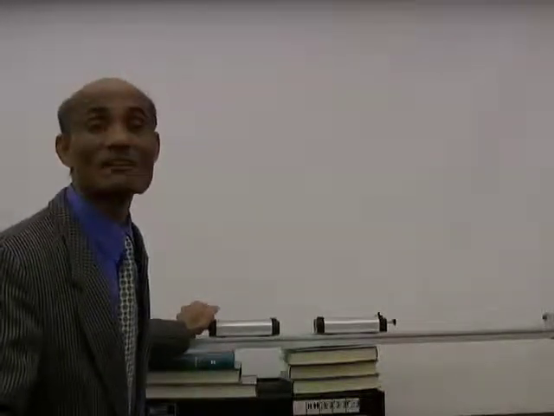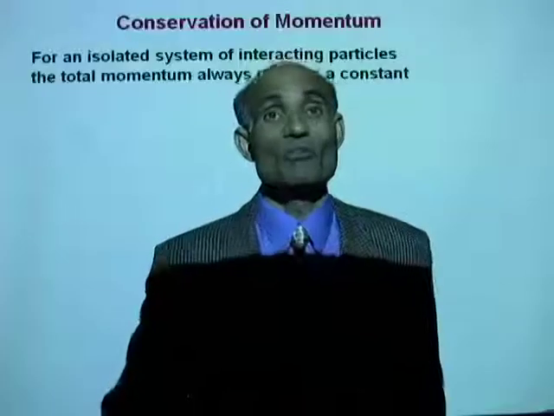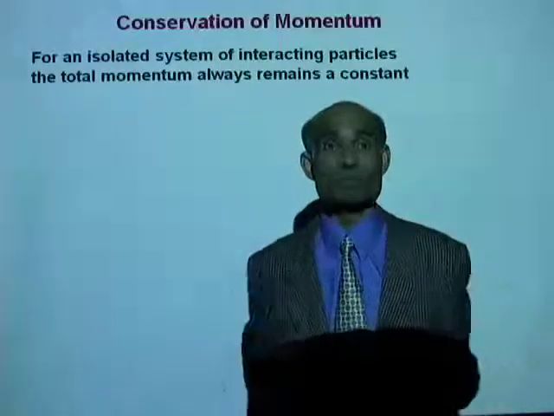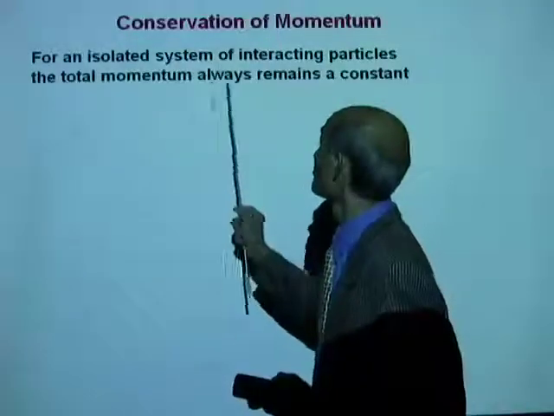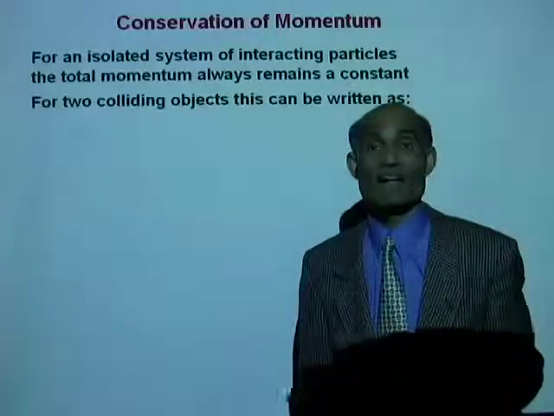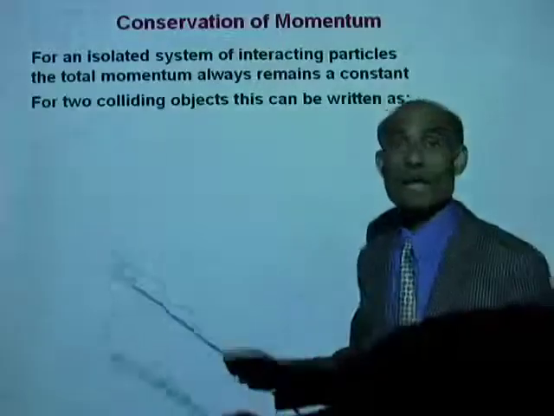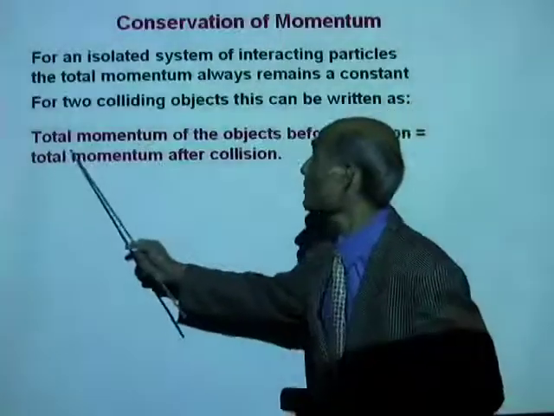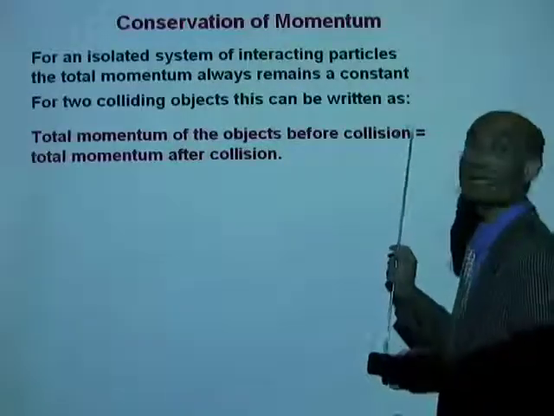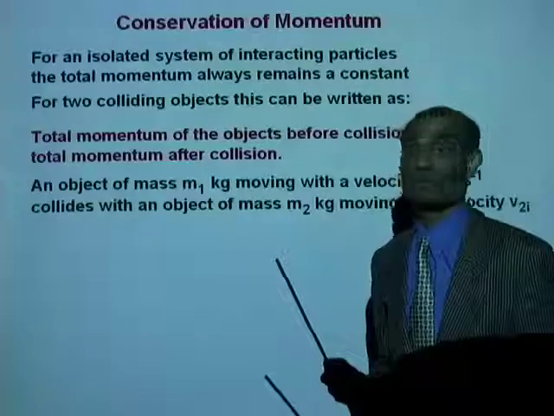And that is the statement of the conservation of momentum. For an isolated system of interacting particles, the total momentum always remains a constant. And if you take the case of two colliding objects, we can say the total momentum of the objects before collision equals the total momentum after collision.